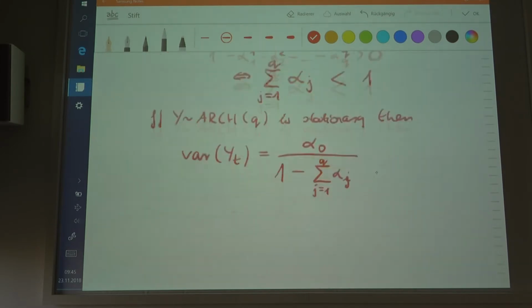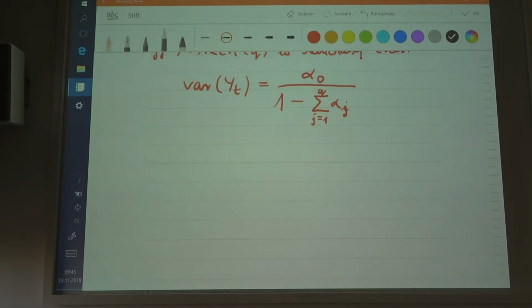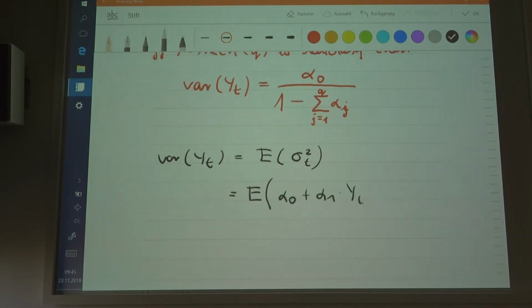The variance of the process is equal to the expectation of sigma squared, and sigma squared is equal to the expectation of alpha 0 plus alpha 1 times the square of y_{t-1}, and then plus, up to the last term. I always run out of space.